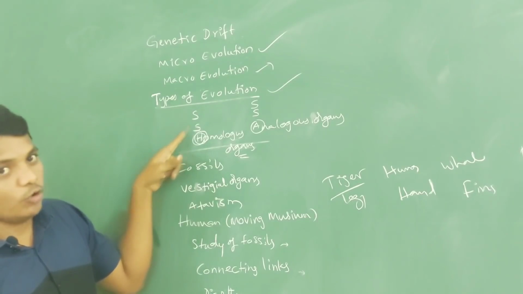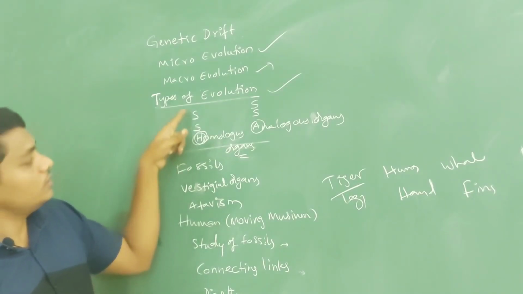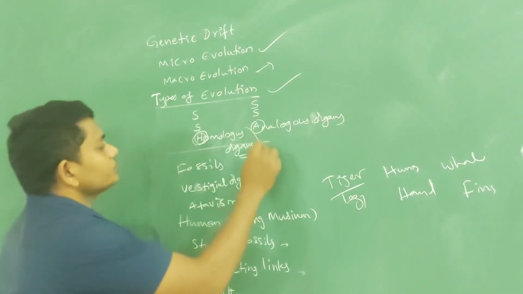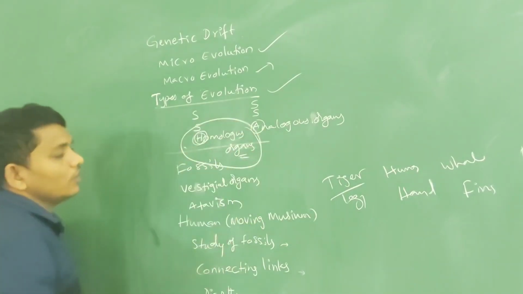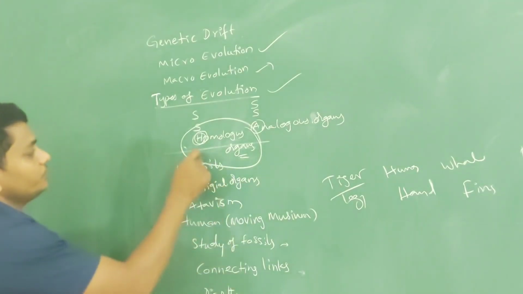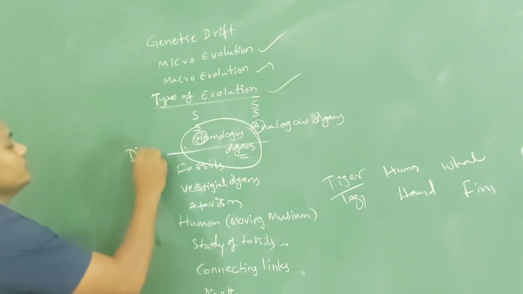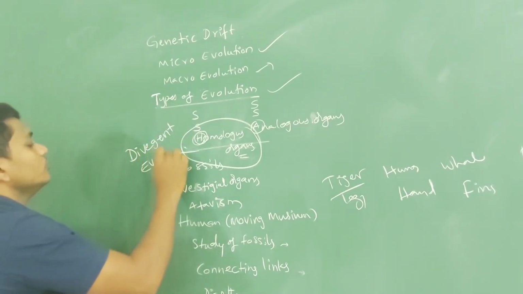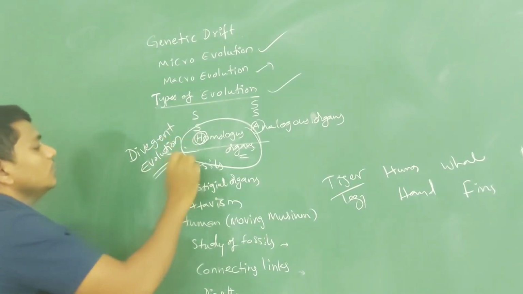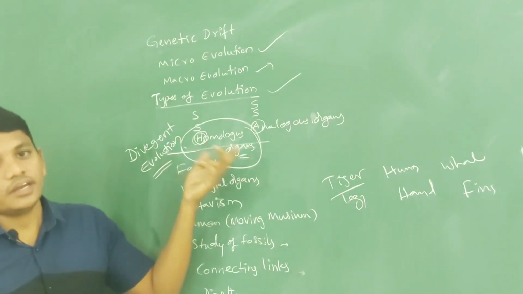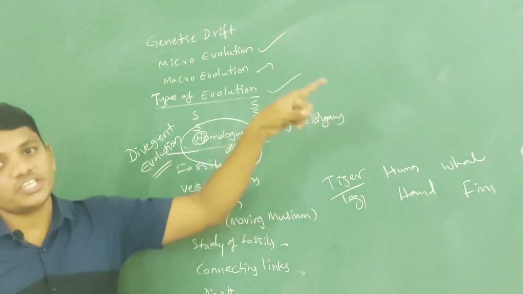Same in structure, homologous organs. This is a small code. Same in structure, homologous organs. This type of evolution is called convergent or divergent? Divergent evolution, which means the organ's internal structure is the same, the function is different.